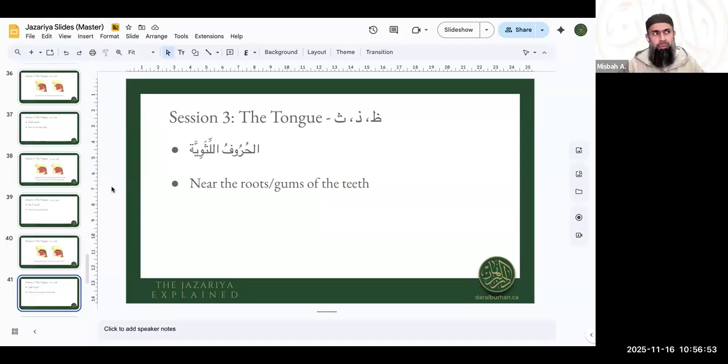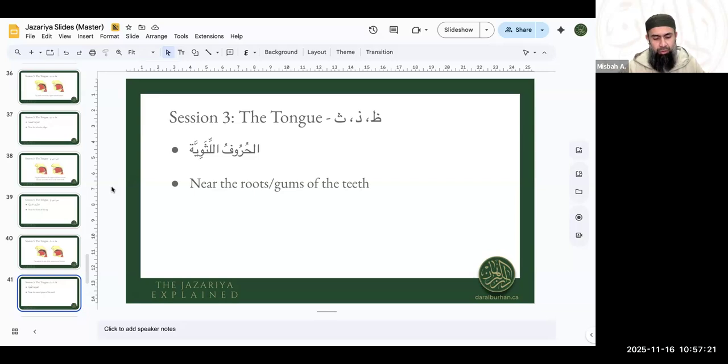Remember that when we said al-lahawiyya, the uvula, we're really not at the uvula, but we described it as the letters of the uvula. So these are called al-huruf al-lithawiyya, okay? It's a terminology that the ulama have agreed to, so it's good to be familiar with it.